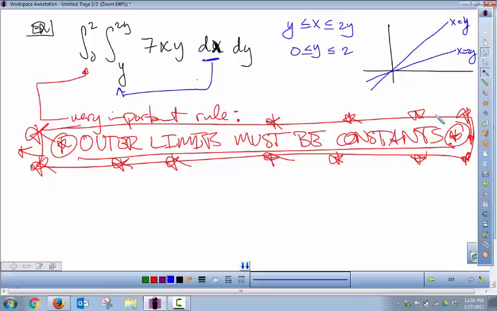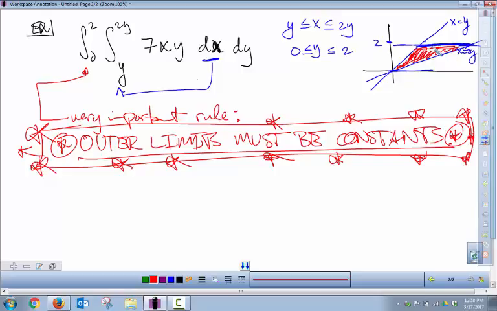And then my y goes from 0 to 2. So if I find where that region is, that region would be this little piece over here. Okay?